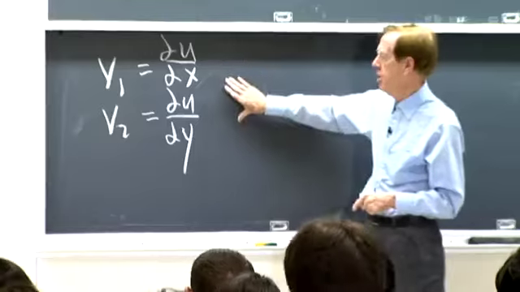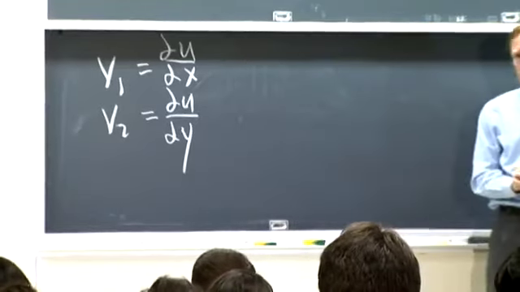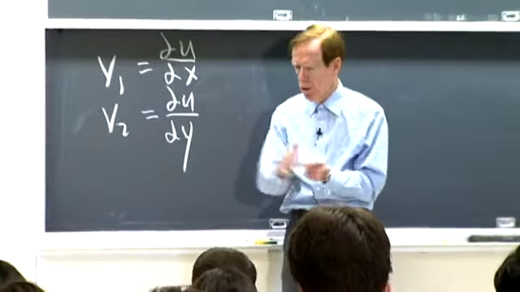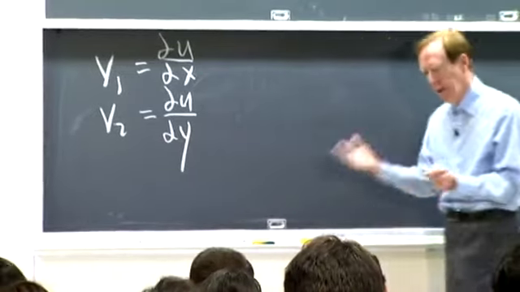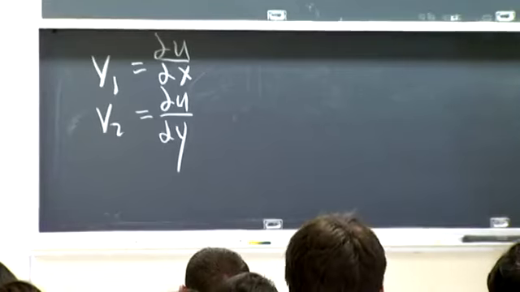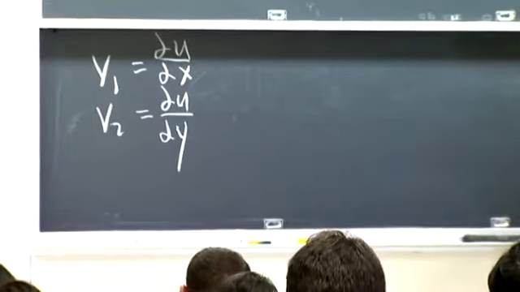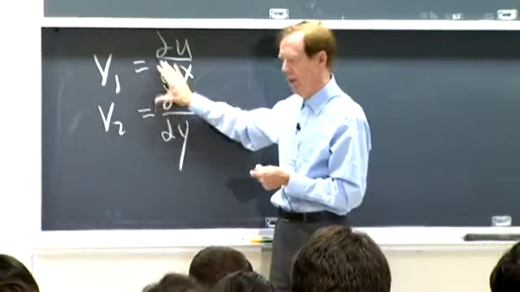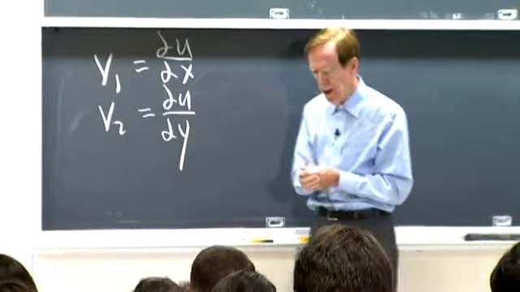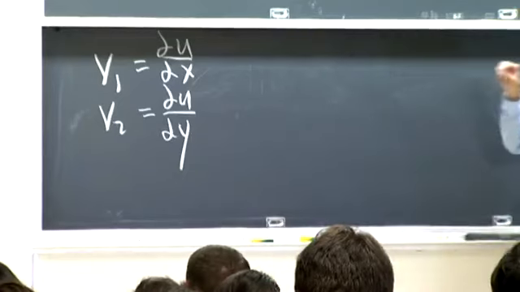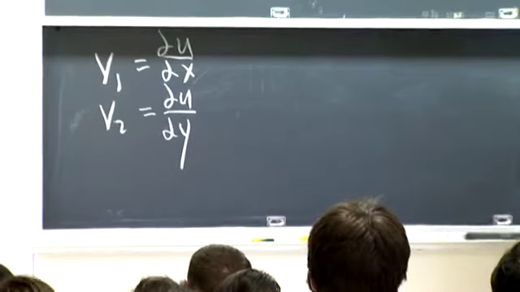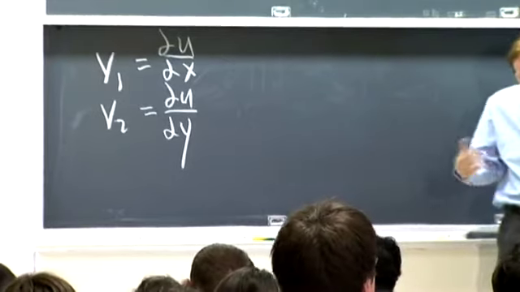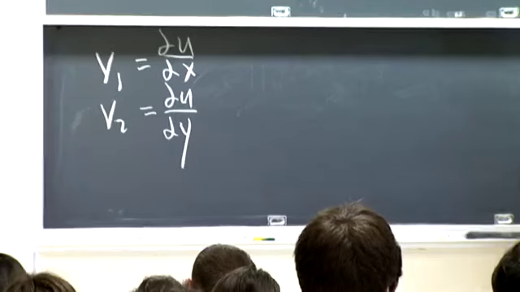I've got two equations here, but only one unknown. So generally, it's like a rectangular system. Usually there's no solution, but sometimes there is. So we have to find out what's the test for consistency for these to have a solution. And this brings us right away to the key identity from partial derivatives.